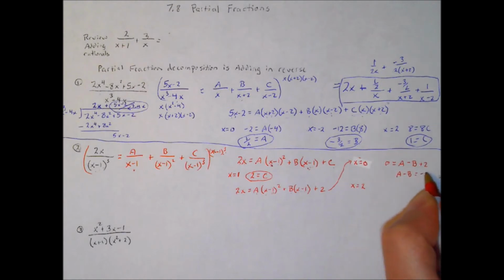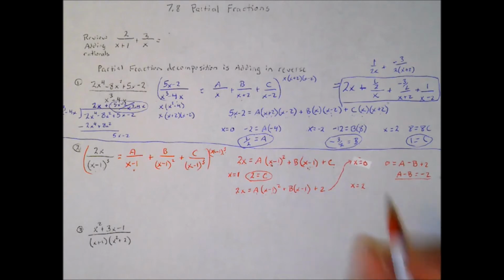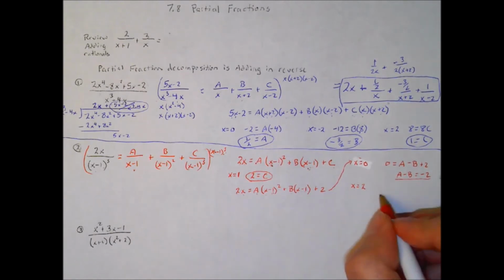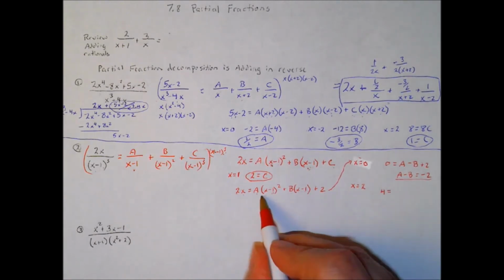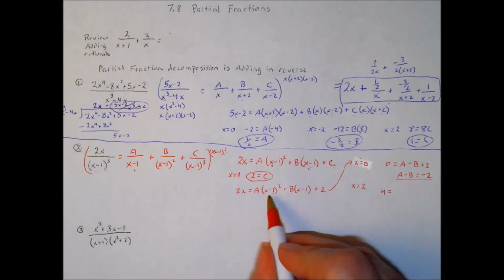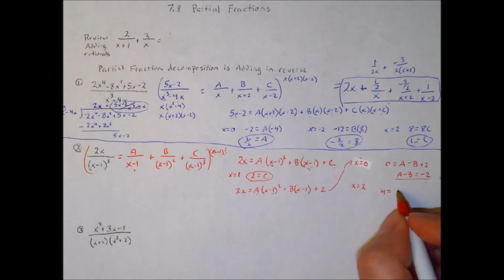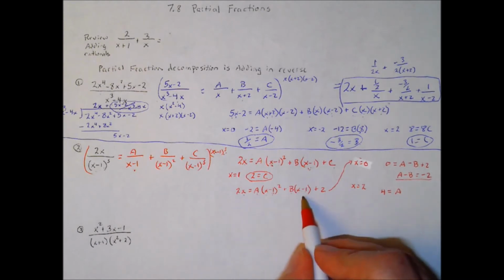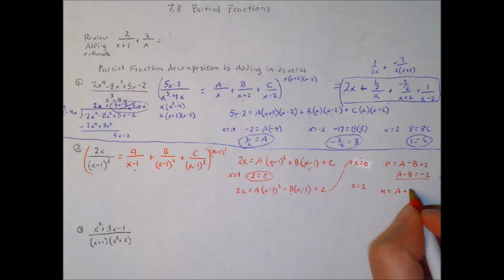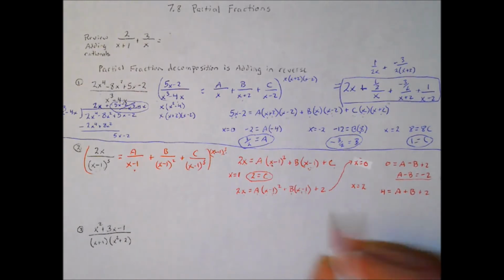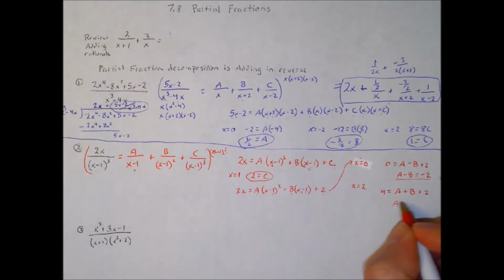If I use x equals 2, 2 times 2 is 4. And then plug in a 2, 2 minus 1 is 1, 1 squared is 1, 1a. Plug in a 2, 2 minus 1 is 1, so I have 1b plus 2. So I know that a plus b is going to equal, subtract this over, 2.